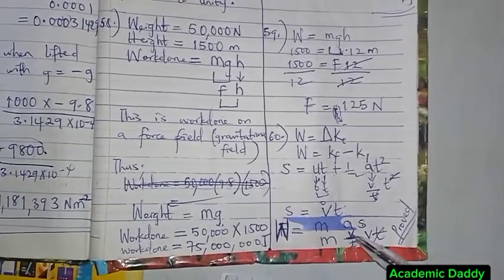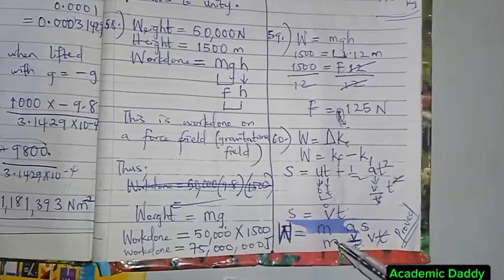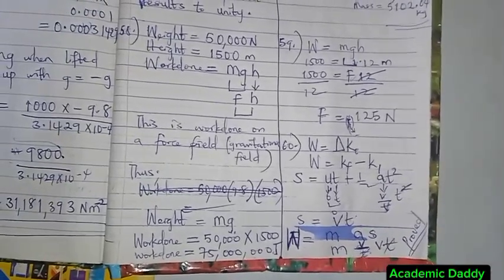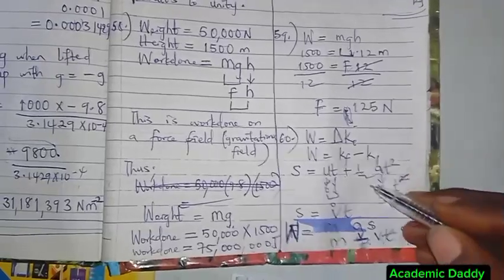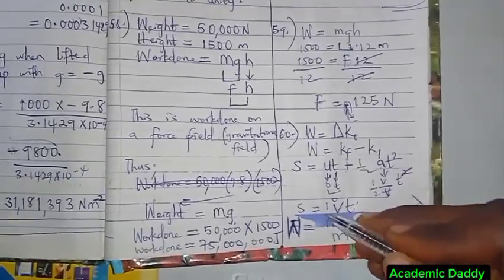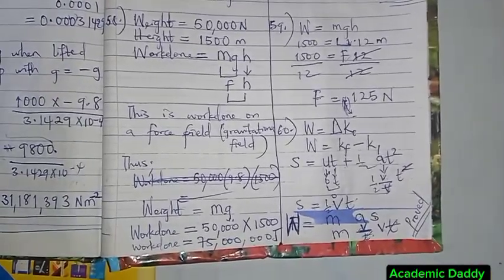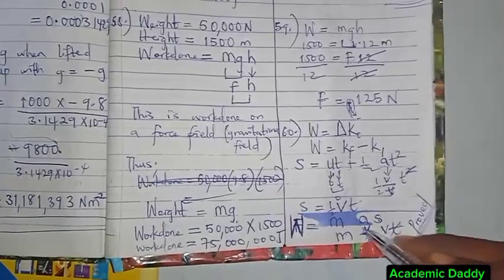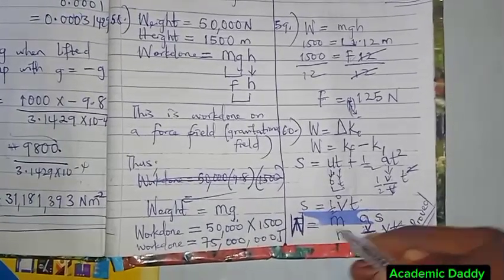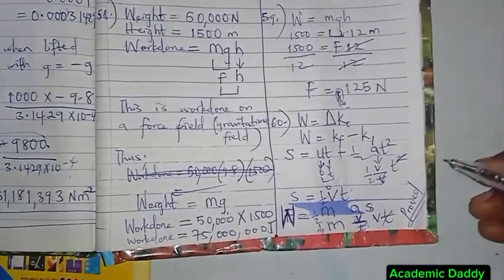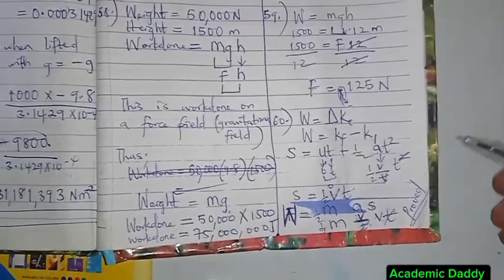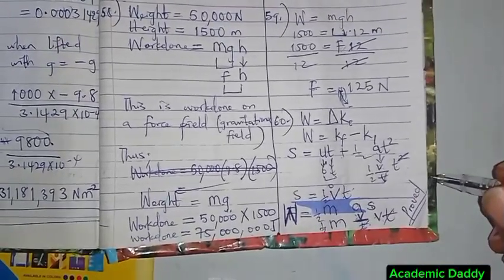Now v times v is v squared, then m. The half carries over here. So by the time you do v times v, you get v squared, then bring the half here, and we know that kinetic energy is equal to half mv squared. So you've proved that it is equal to kinetic energy.